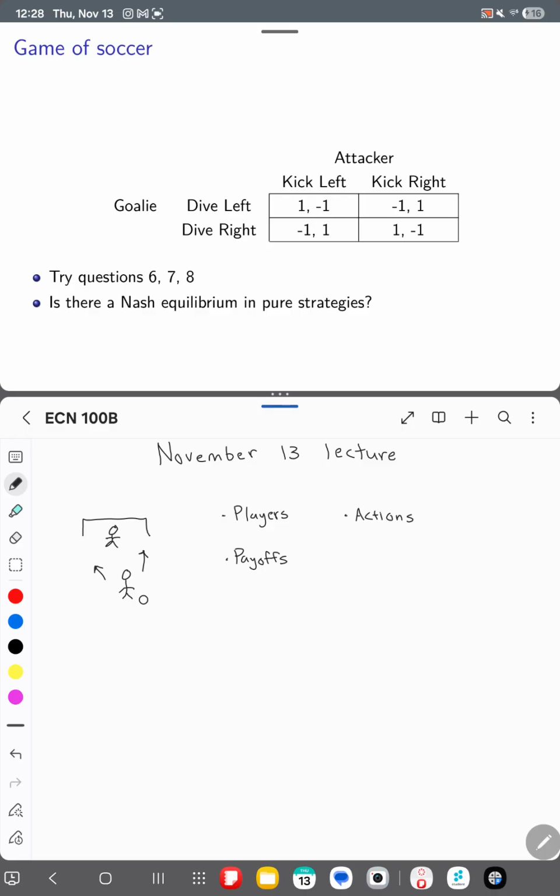Okay. Now the reason I'm talking about this game is because the spirit of this game, if you've ever played a game of soccer or basketball or ping pong or tennis, whatever is the game that you've played which has this similar dynamic, then you know that the spirit of the game is that you want to be unpredictable as a player. The best dribbler is someone who is very hard to predict which way they're going to dribble next.